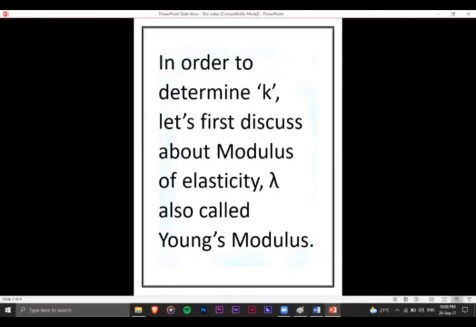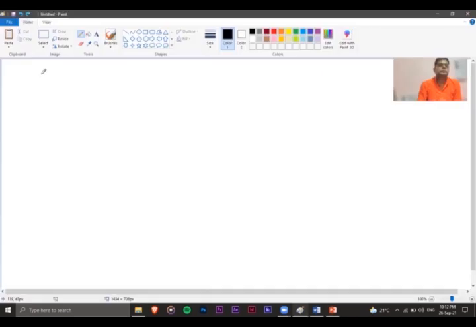So in order to determine K, let's first discuss the modulus of elasticity lambda, also called Young's modulus. Lambda is defined as the ratio of stress by strain. You should know that stress is a kind of pressure, defined as force per unit area, and strain is defined as the change in length by the original length of that material in elasticity.